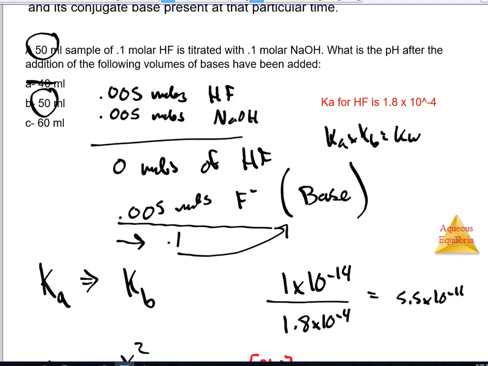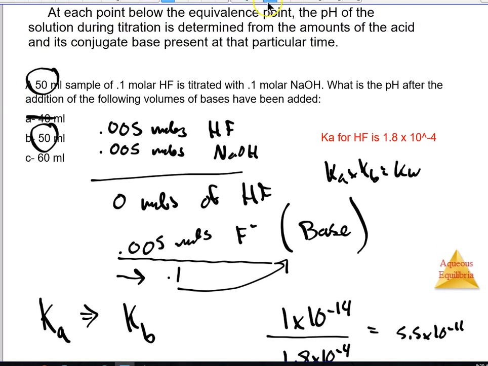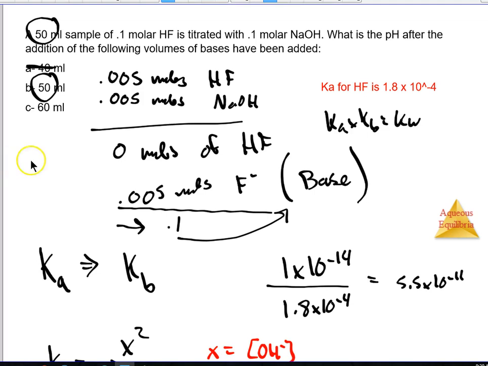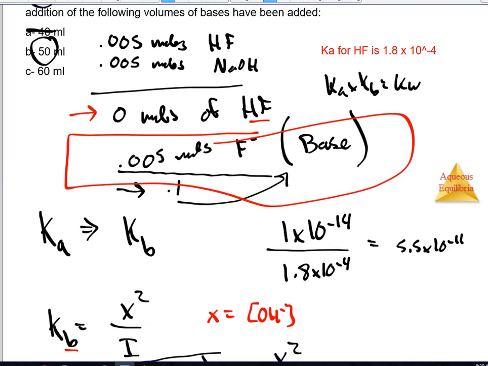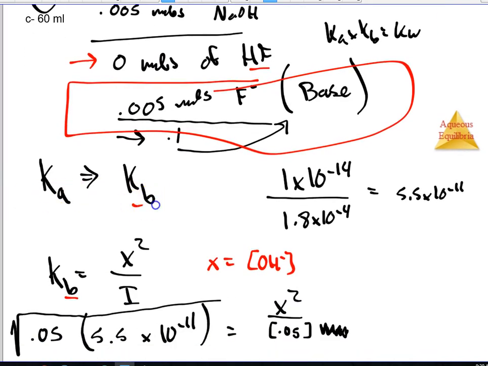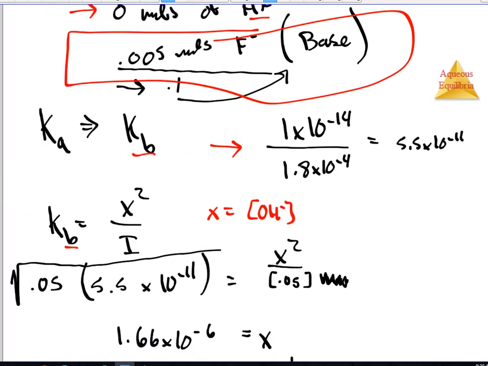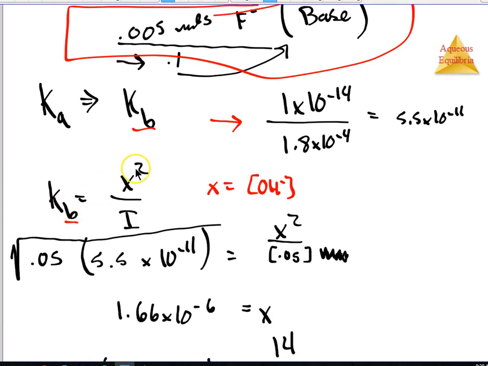All right. So one more time in a nutshell, and this one's kind of hard to do the nutshell. You do the math and you see there is no more of the weak acid, which means there is just conjugate base. If there is just conjugate base, then we have to find its concentration. That was this part. And then we find its Kb, which was this part. And then we're ready to plug it in to the Kb equals x squared over the initial concentration.